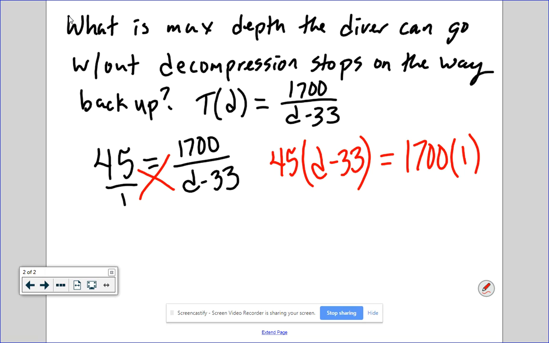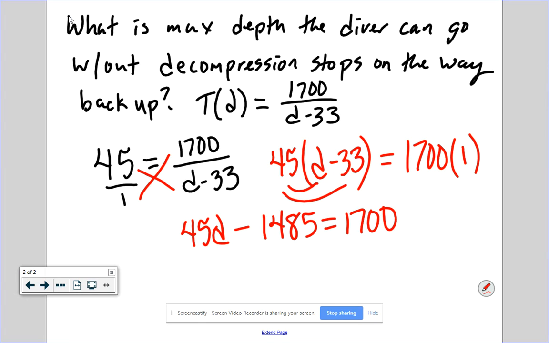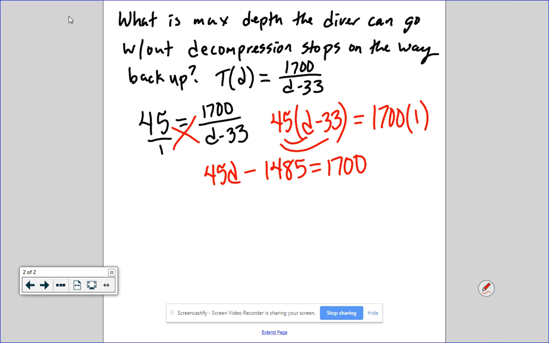Hopefully you've done that before with proportions, things like that. What do I have to do on the left side of my equation there? 45D minus... multiply it in. So distributive property, right? So I get 45D minus 45 times 33, 1485, equals 1700. So D is in. And now I gotta solve for D, my depth. Add 1485 to 1700. 45D equals 3185.